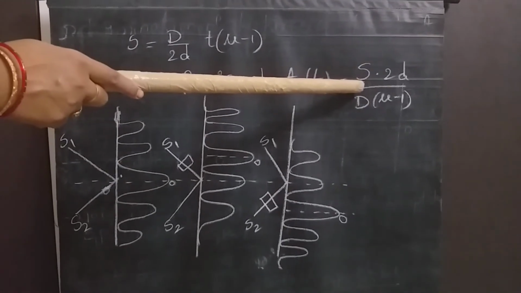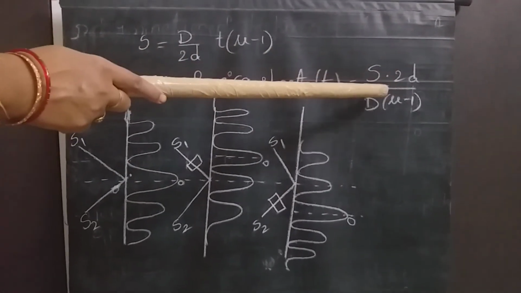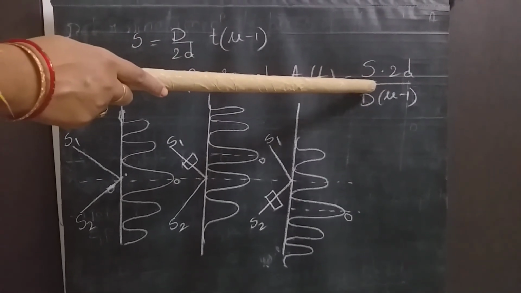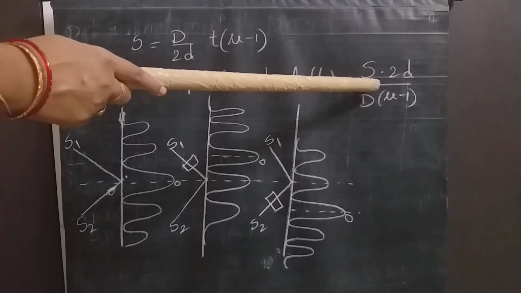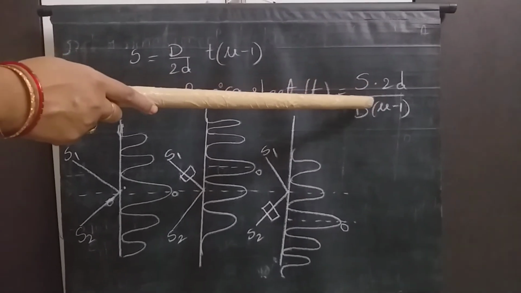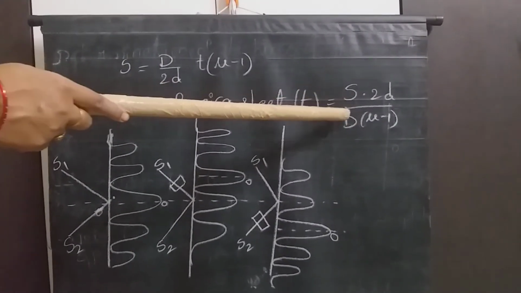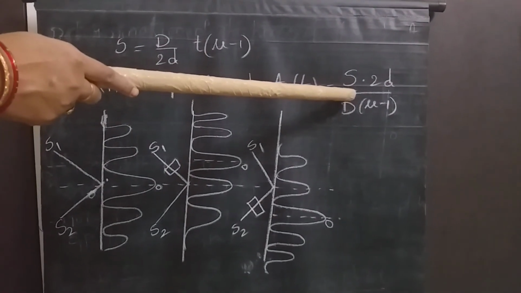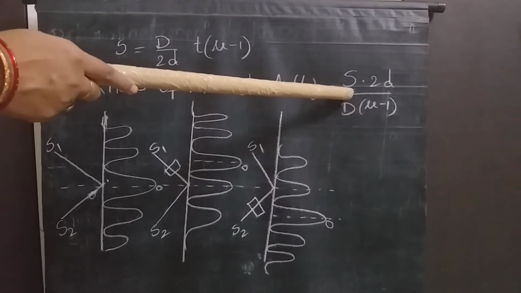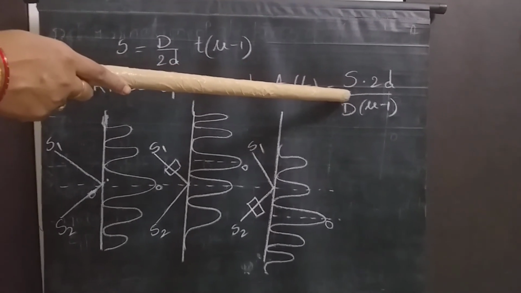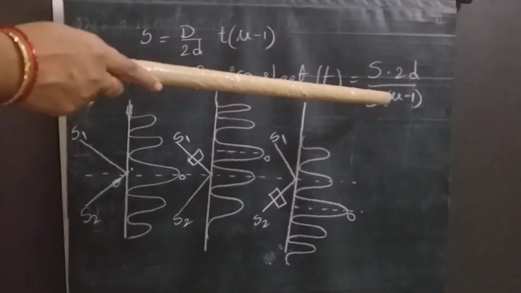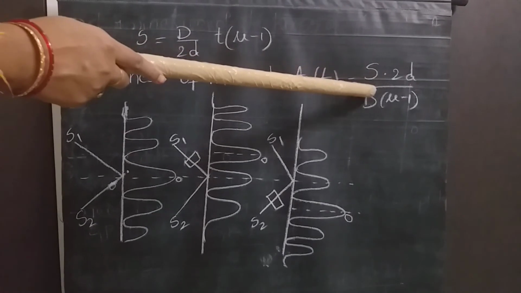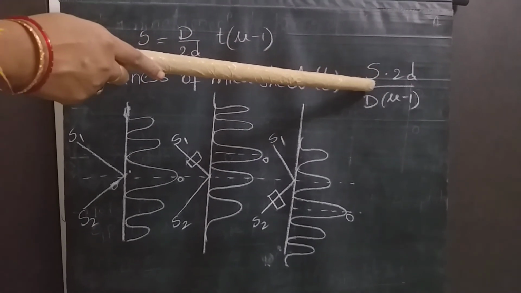Then, according to our phenomenon, shifting of fringes will take place. Again we have to adjust the crosswires of the eyepiece and find the reading of the white fringe a second time. The value before introducing the mica sheet and after introducing it we have to note down. If you subtract those two values, it will give us the total shift.